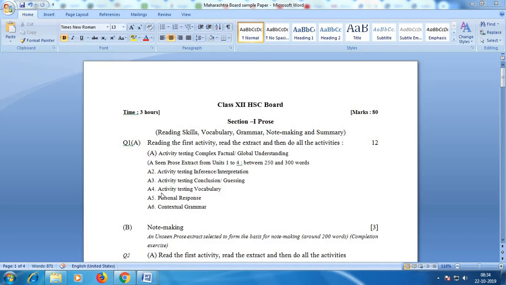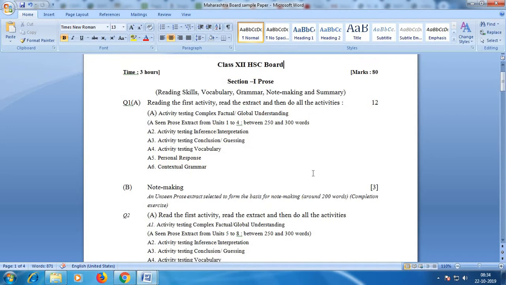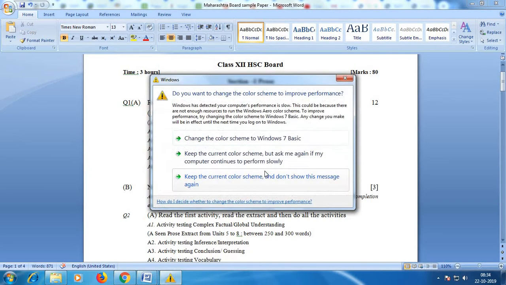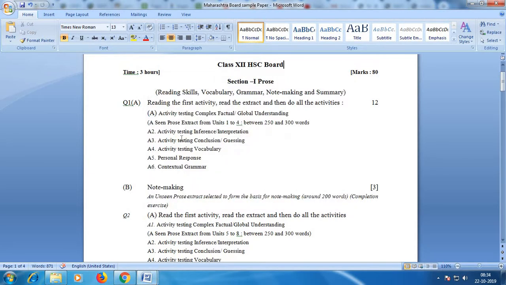The first section deals with prose. In this section, reading skills, vocab, grammar, note making and summary, the questions on all these things are asked.